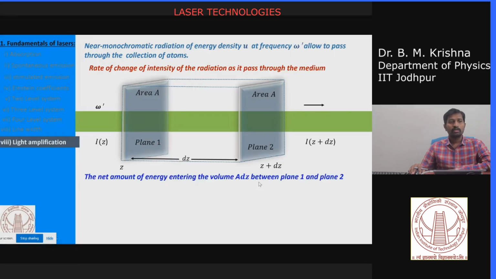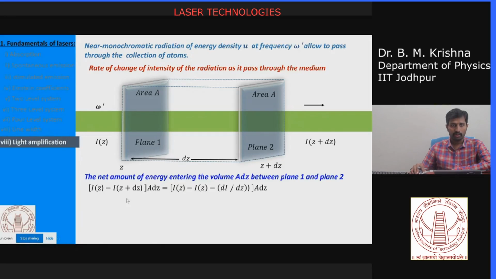So now the net amount of energy entering the volume A dz, with the distance dz between plane 1 and plane 2. So now the rate of change of intensity over the volume A dz is nothing but I of z minus I of z plus dz into your volume component A dz. So then I can rewrite this one.